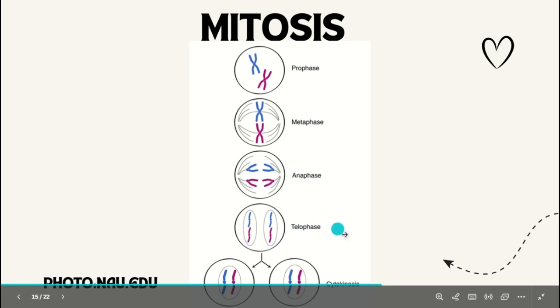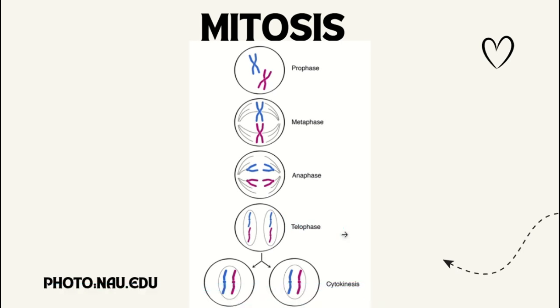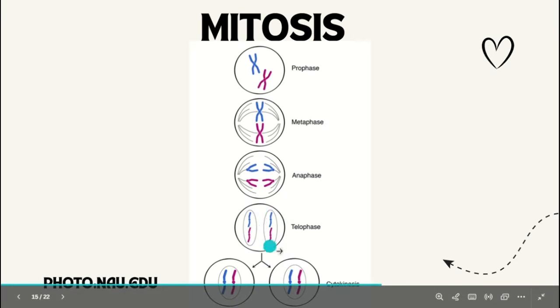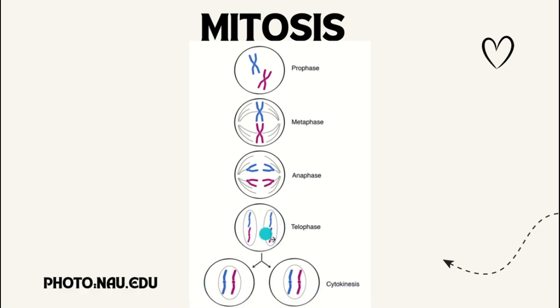Also in telophase, we have the nuclear membrane starting to build up. So that's what's happening here. The circle around it is a nuclear membrane, and the chromosomes start becoming decondensed. As I said, this diagram is not the best, but they become decondensed.